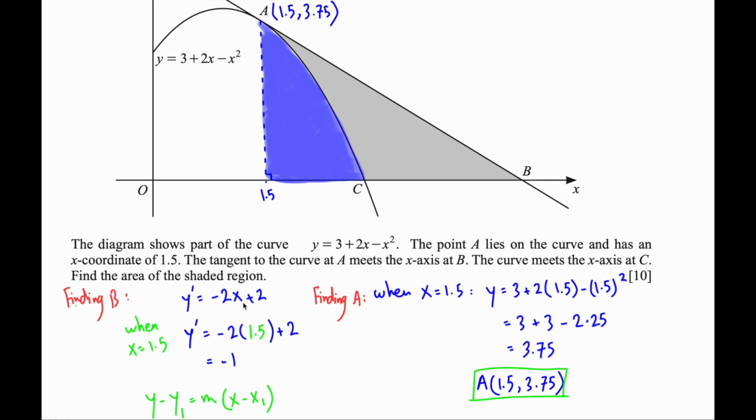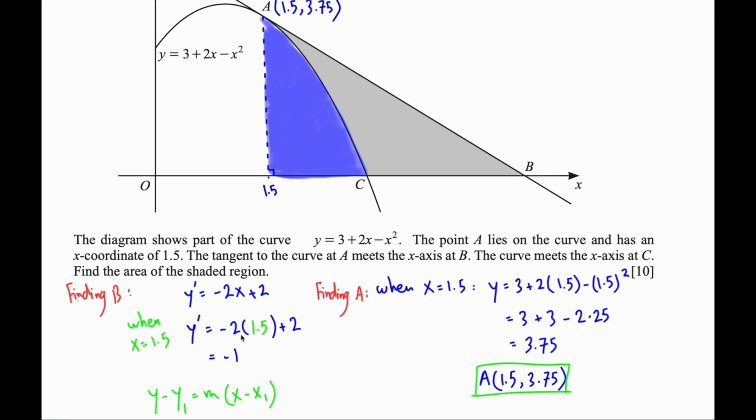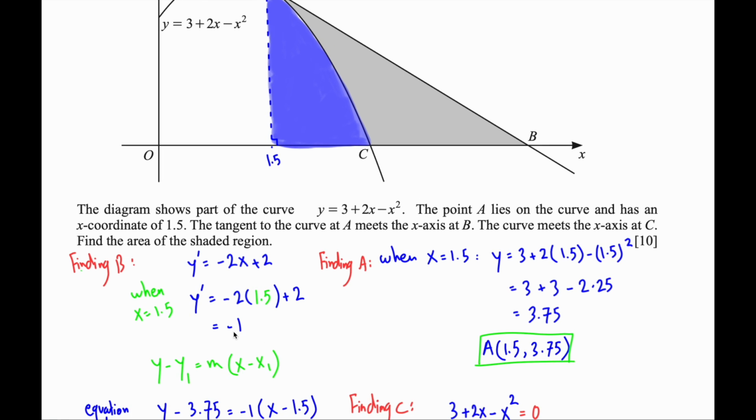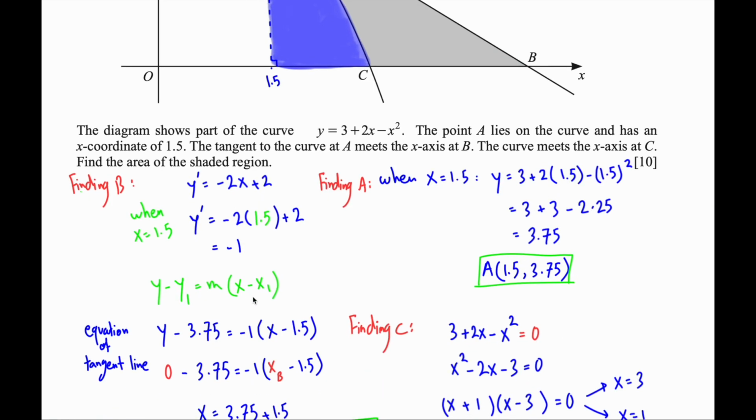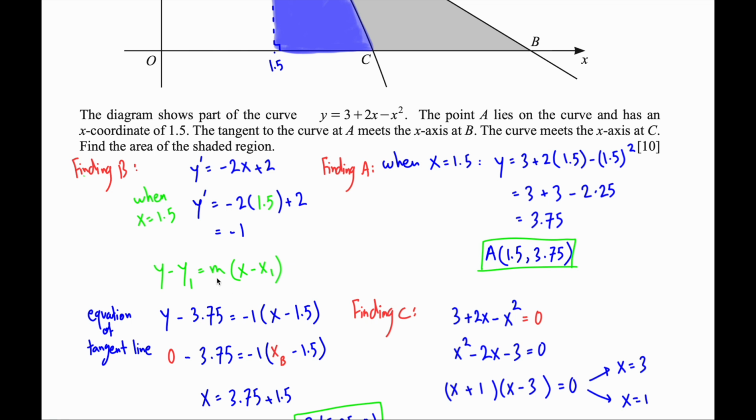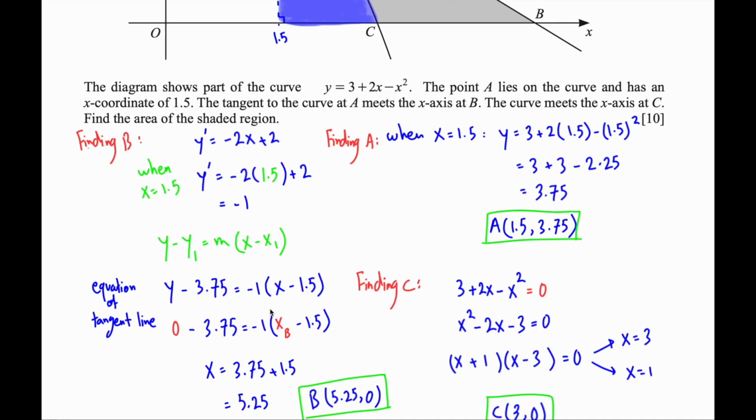That's gonna be negative 2x plus 2, and then I'm gonna replace x with 1.5, and the slope is found. That's negative 1, and this is the standard equation of a line. All I have to do is to replace m with negative 1 and x1 and y1 with the x and y coordinate of point A. And this is the equation of a tangent line.